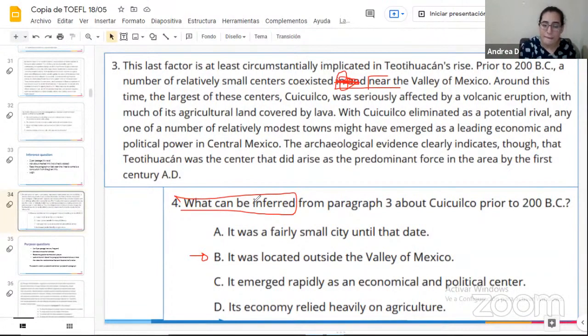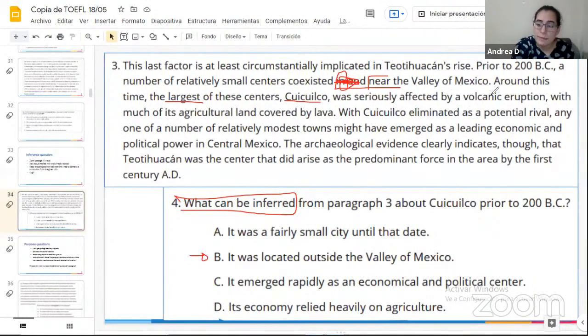So my advice is you have to look for something that's not so obvious, and also something that's like a sequence of events. I always see it that way. It's like a sequence of events and you're missing something else. So as Ruben was saying, Cuicuilco first was one of the greatest centers, right? The largest of the centers. I think it was a very powerful city. And what happened?